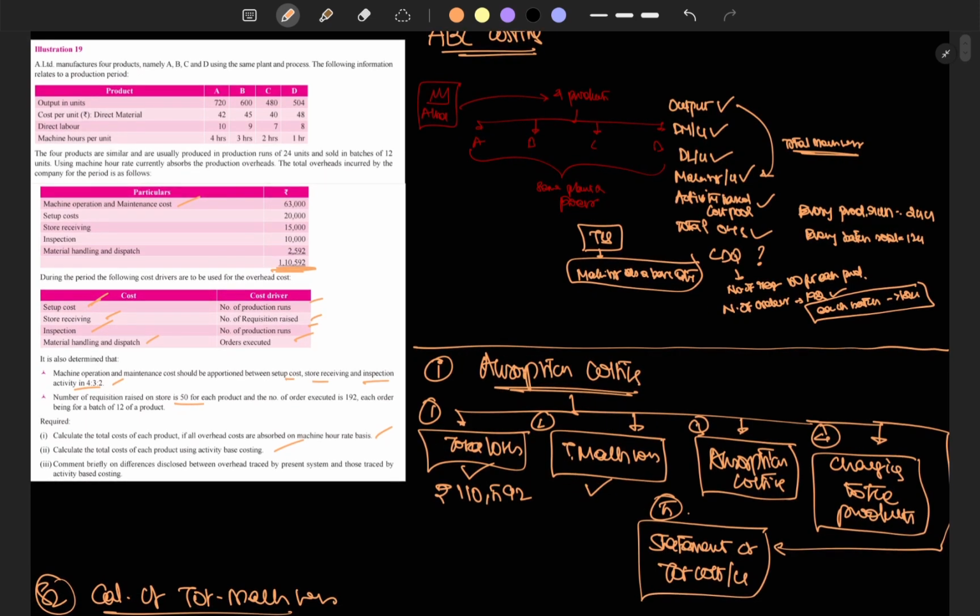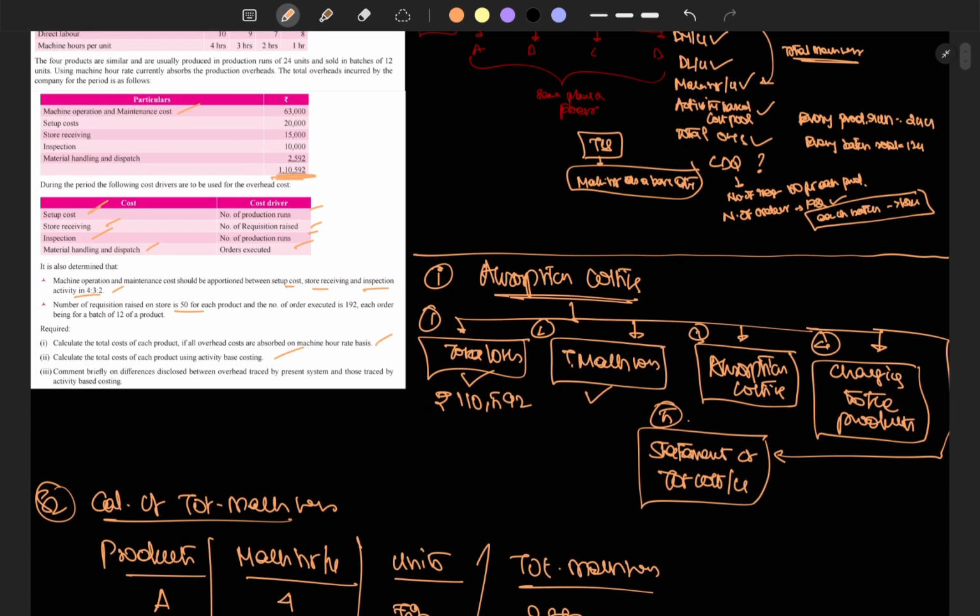We found out the total machine hours, and then they gave us the clue to find the cost over quantity, which is production runs of 24 units and sold in batches of 12 units. Also, they directly said that the machine hour rate is used for absorption costing, and total overheads are given for only one department.